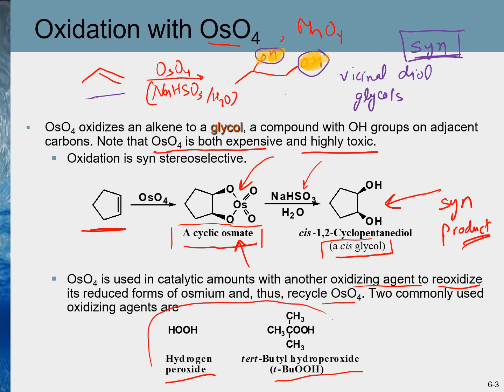These oxidizing agents will react with the leftover part of osmium oxide after the cyclic osmate step, and they will reconvert it back into osmium tetroxide so that it can be used to do the same reaction all over again.